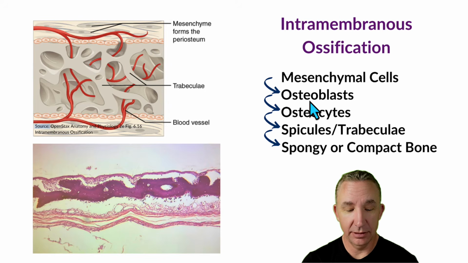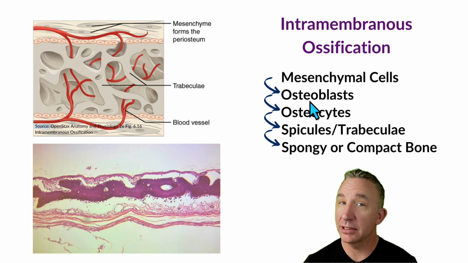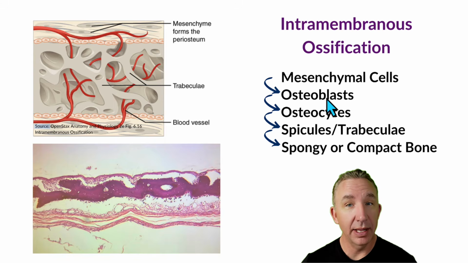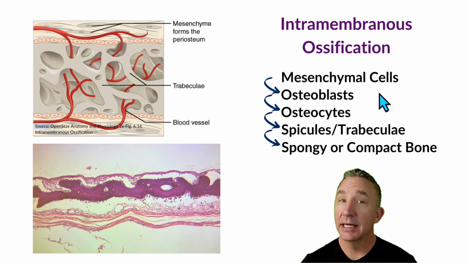You'll see some texts that'll say it'll go straight from mesenchymal and skip osteoprogenitor straight to osteoblasts, but you still have the presence of osteoprogenitor cells. Those are the stem cells for bone itself. So we go from mesenchymal to blasts. Remember, baby cells for the bead. Blasts are the ones secreting the matrix, because we know that majority of the bone is actually what the cells are secreting, which is the matrix.